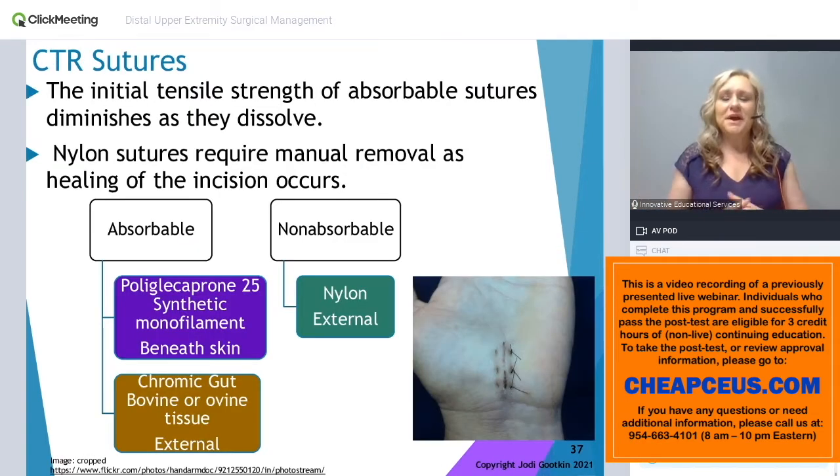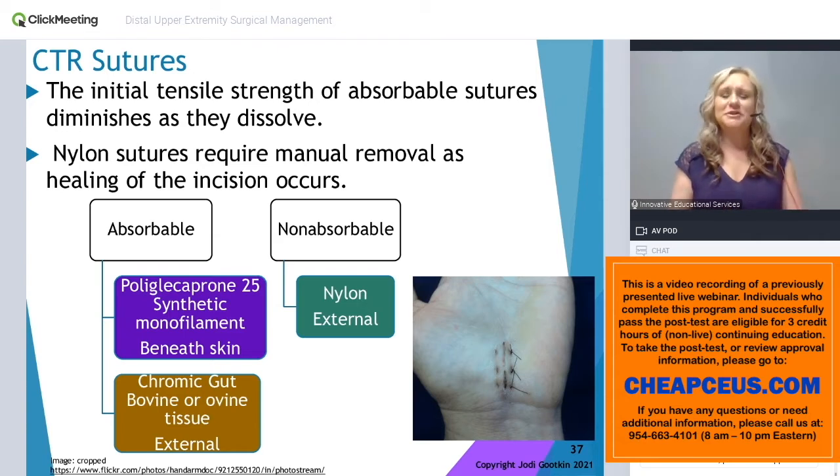When we look at our patients following their carpal tunnel release procedure, it's kind of like lining up all your patients that had a total knee replacement, where you see slightly different incisions. What you may notice on your patients with carpal tunnel release is that the color of their sutures may look different. And there's actually a reason for that.